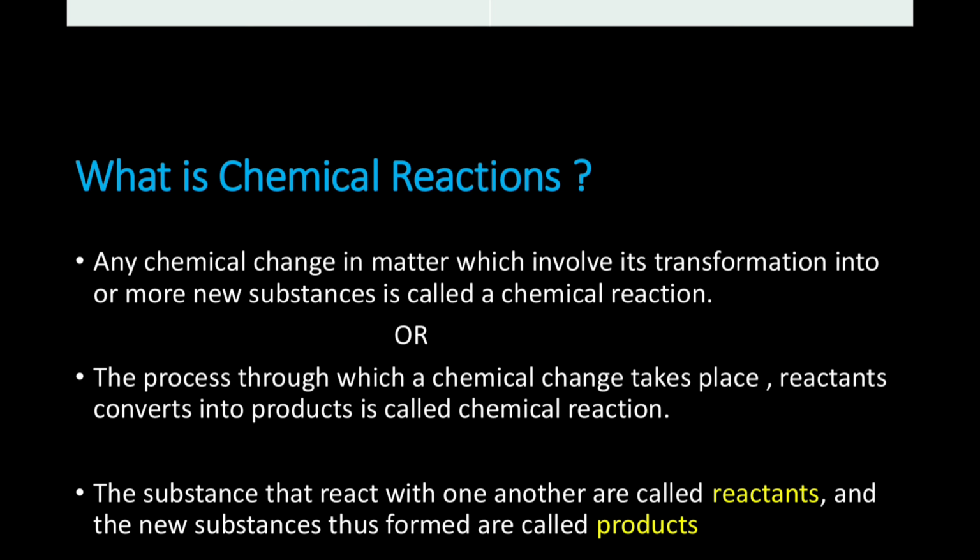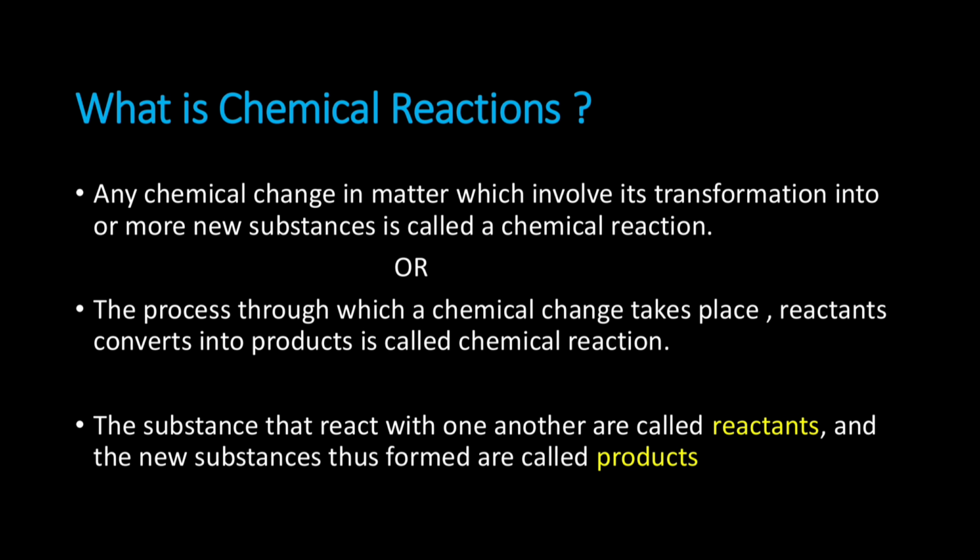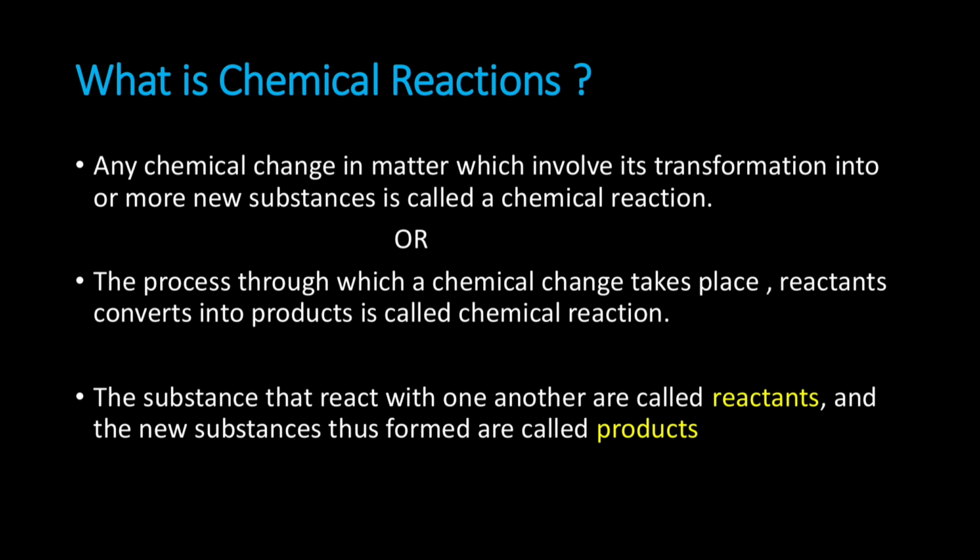Let us move on. Now we'll see what a chemical reaction is. What is a chemical reaction? The process through which a chemical change takes place and the reactants convert into products. That is called a chemical reaction. We have seen milk getting converted into curd, right? That is an example of chemical change. Now the process through which that milk is getting converted into curd, there is something happening in between.